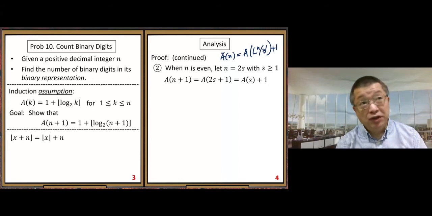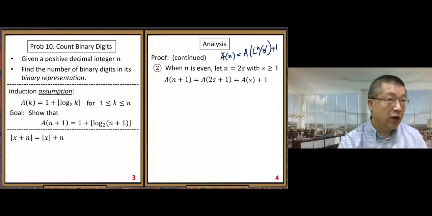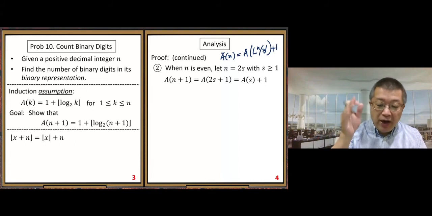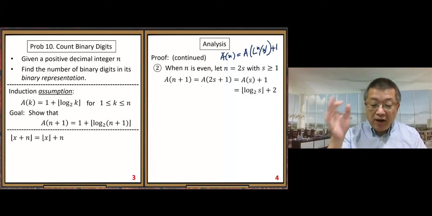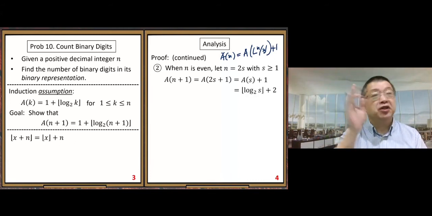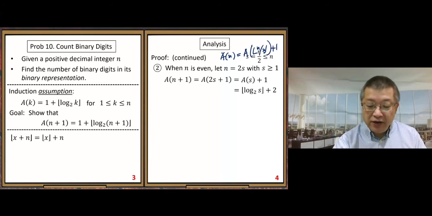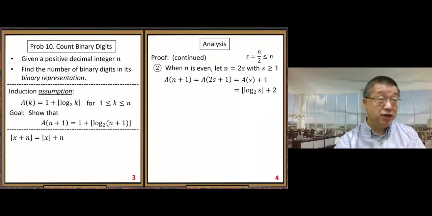When we take the floor function, that plus 1 is gone. So it is still a of s. So we can apply the induction assumption, although you can check that s is in that range. You can easily see that.